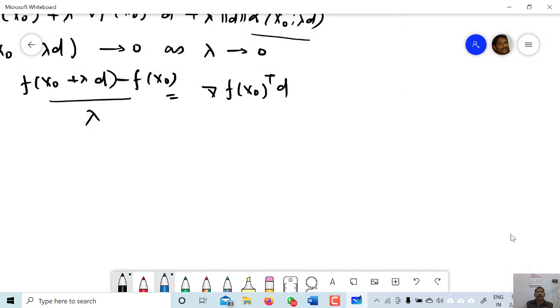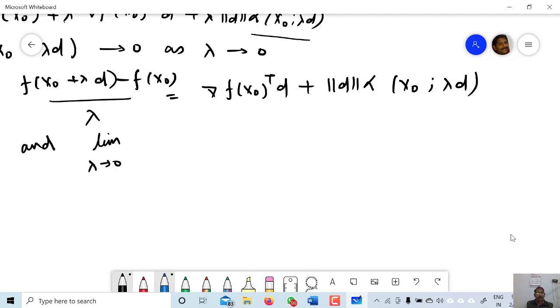We can write this thing as gradient of f(x0) transpose d plus d alpha x0 lambda of t. This can be written like this.